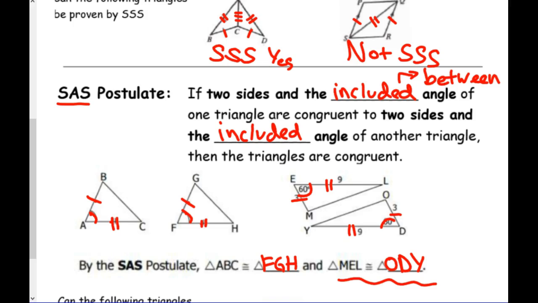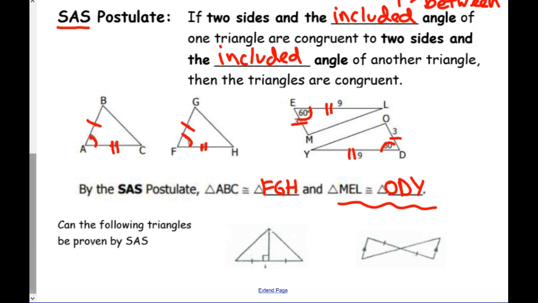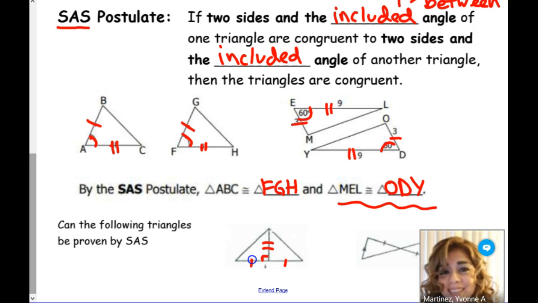So, real quick, so far we learned SSS and SAS. Now, what do I need to label right here because they're touching? Tick marks. So, here's one tick mark. Here's a 90. And then we got another tick mark because they're touching. We always label the touching ones, right?